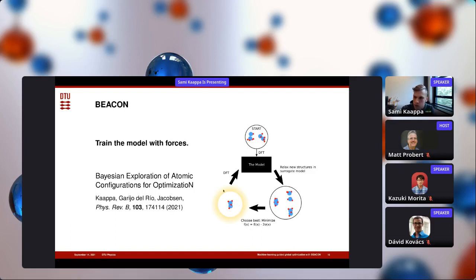And for that structure, we evaluate another DFT calculation and update the model, which means that the model gets improved in accuracy, we hope. And then we can go through the cycle again and again. And finally, we get some database of structures with energies, and we look at the lowest energy one and assume that it's something that we want for a global minimum structure.